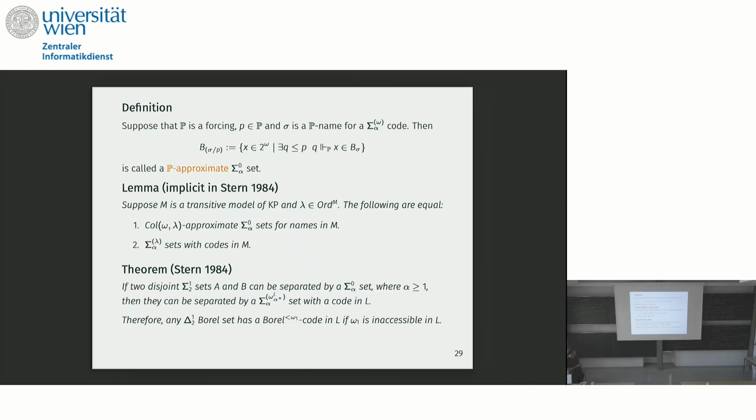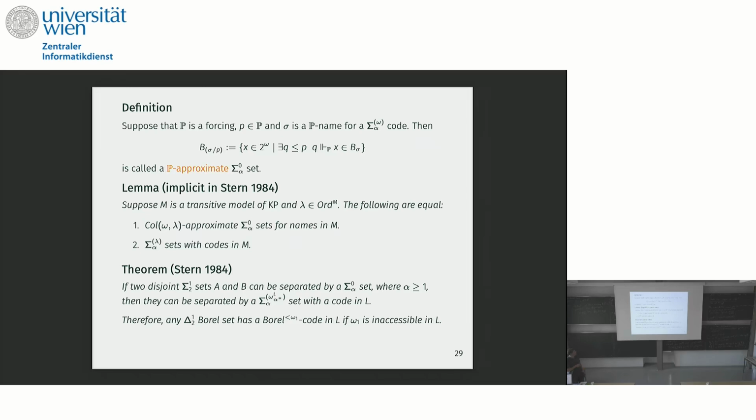And he showed that they can already be separated by a set with a code in L. But the only problem is that this ordinal here might be a bit large. That's why he simply assumed that omega_1 is inaccessible in L, because then this ordinal is countable in V. So this is actually a Borel set in V.